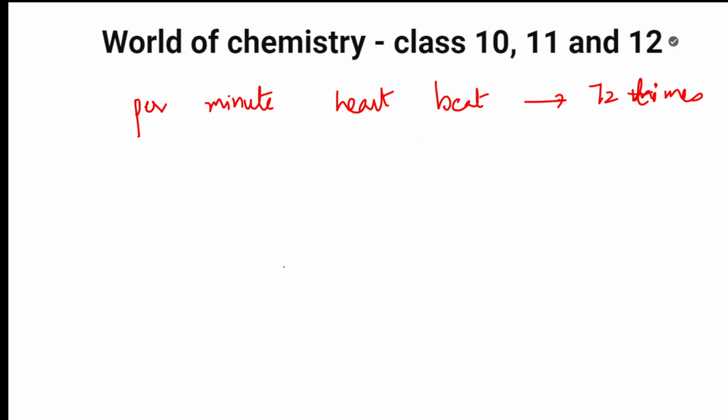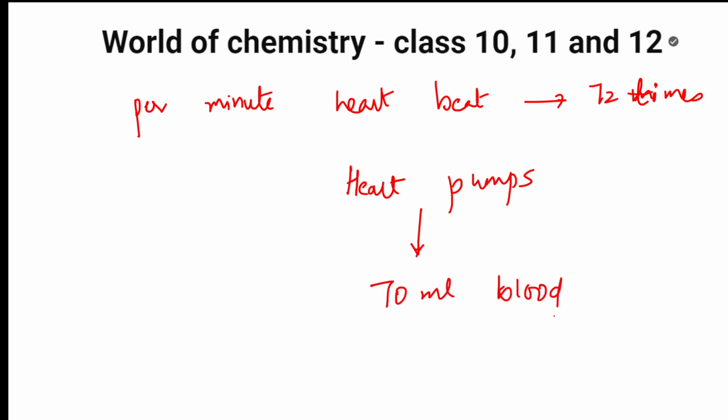Now the heart pumps blood, correct? So the heart pumps 70 ml of blood once it pumps. So in a minute it's almost 4900 ml of blood. Great, right?